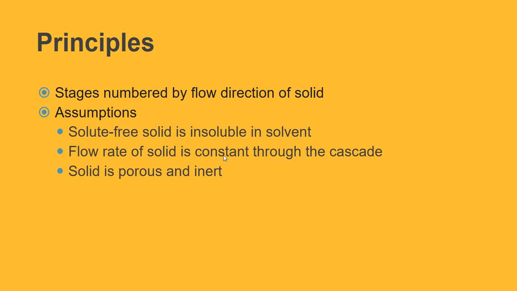So from one thickener to another, if we're talking about a leaching system, your amount of inert solid is constant. It does not change. And this solid is said to be porous and inert. It is not dissolved in your given solvent.